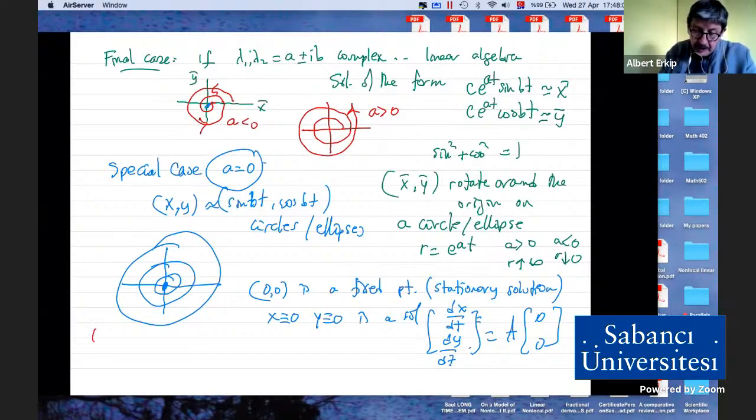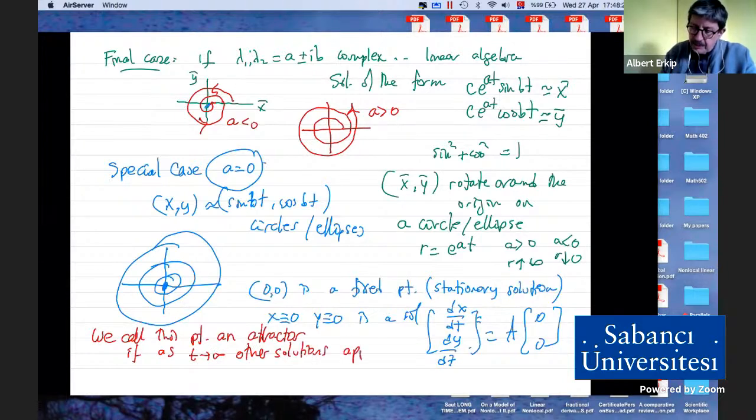Now, we call this point an attractor if, as t goes to infinity, other solutions approach 0, 0.